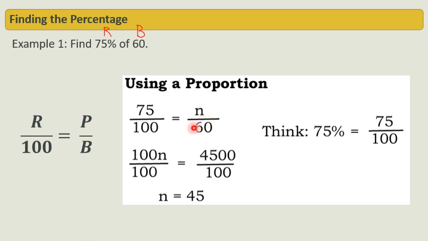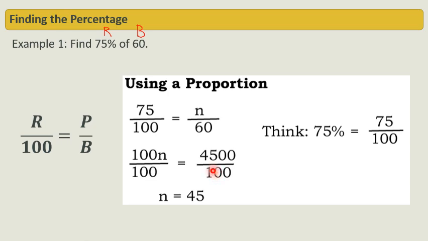So, cross-multiply natin. 100 times n is 100n. 75 times 60 is 4,500. Ngayon, bakit may 100 sa ilalim? Di ba natatandaan nyo kung ano yung katabi ng n na number, yun po ang i-divide natin pareho, both side. Okay, so ano ba ang katabi ng n dito? So, 100. So, divide natin sa 100 pareho.